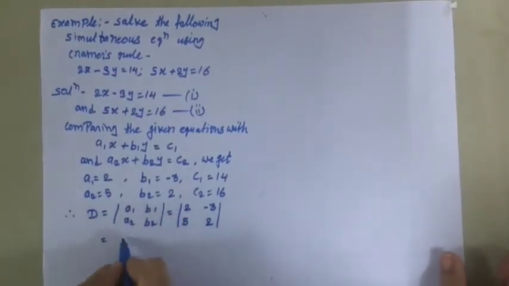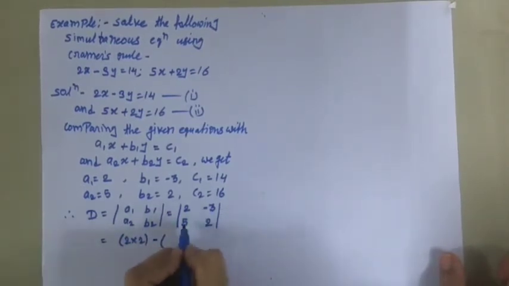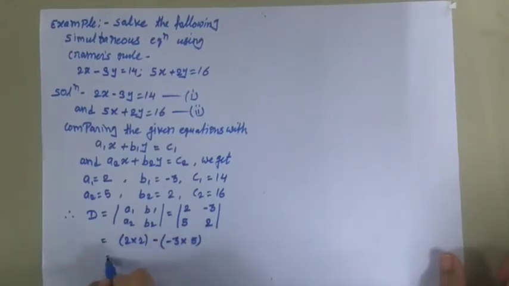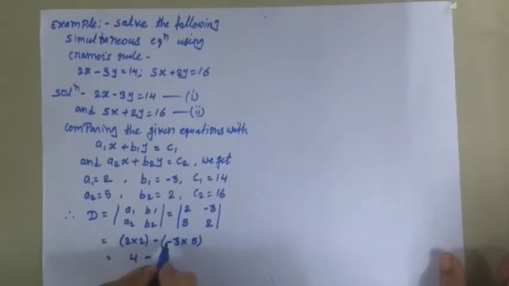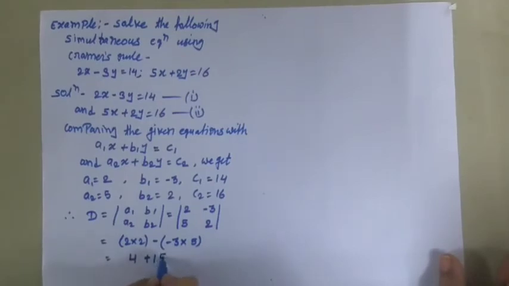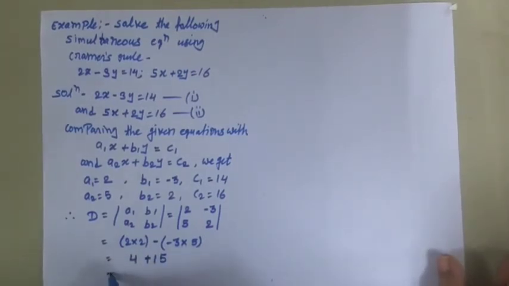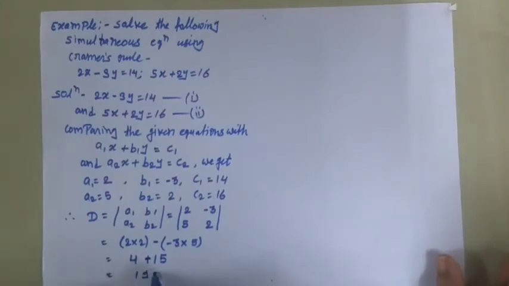Now 2 into 2 minus 3 into 5. 2 into 2 is 4, minus into minus 3 5s are 15, so 4 plus 15 equal to 19, which is not equal to 0.